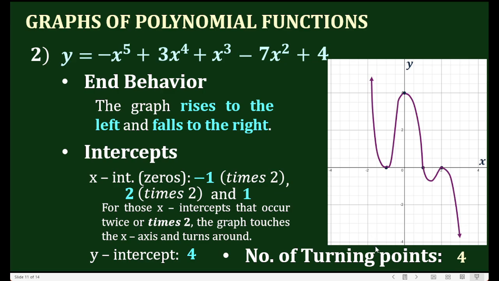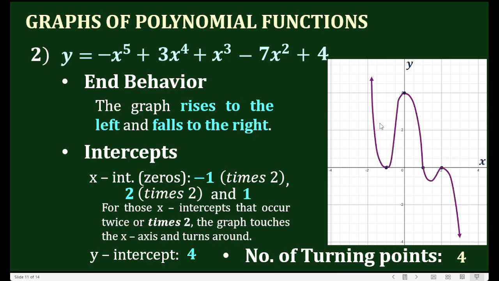Then, for the multiplicity, for those x-intercepts that occur twice, we have negative 1 and positive 2. So let us verify. For those x-intercepts that occur twice, since the multiplicity is even, the graph touches the x-axis and turns around.